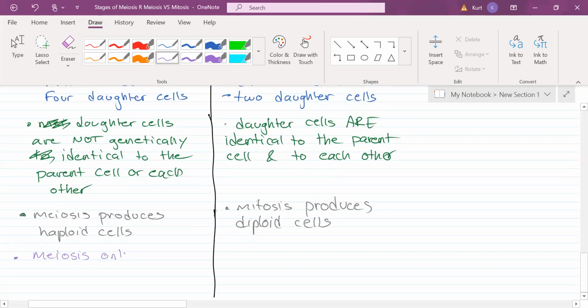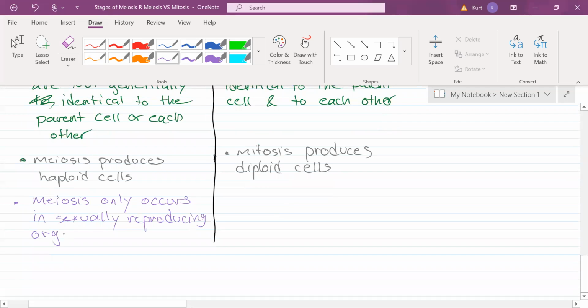Meiosis only occurs in sexually reproducing organisms to produce gametes, and that is called gametogenesis.